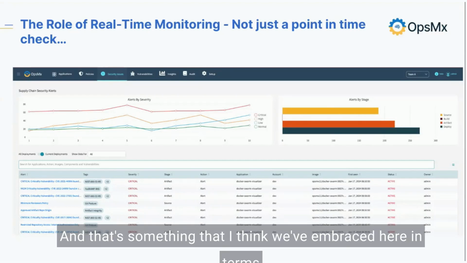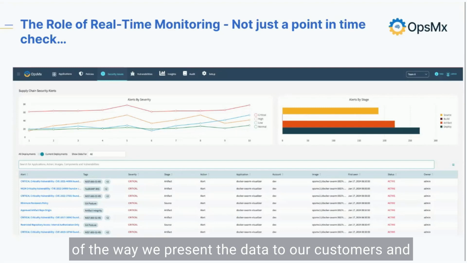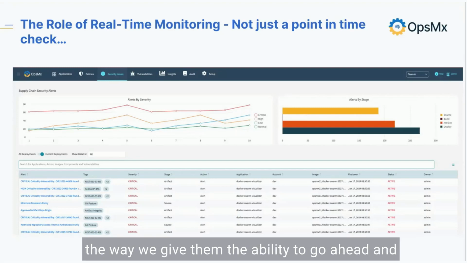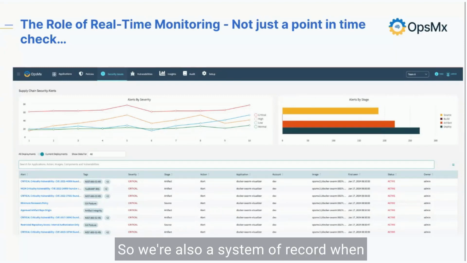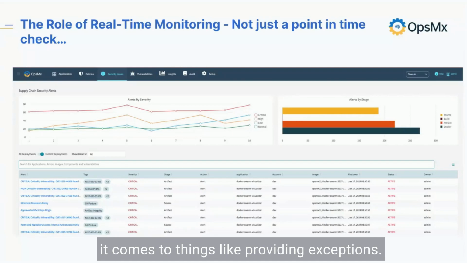And that's something that I think we've embraced here in terms of the way we present the data to our customers and the way we give them the ability to actually interact with the data and also take action, right? So we're also a system of record when it comes to things like providing exceptions.